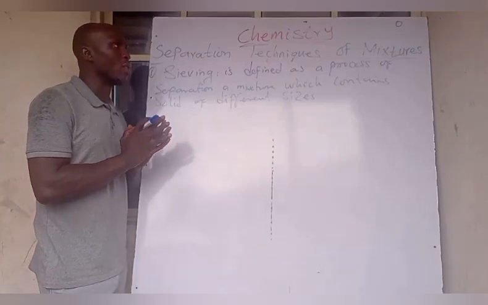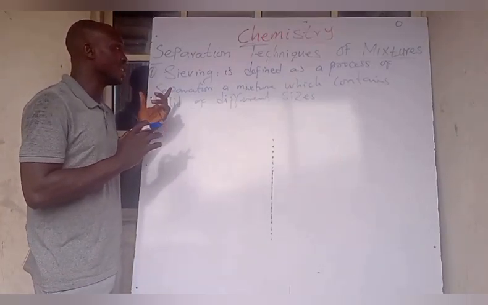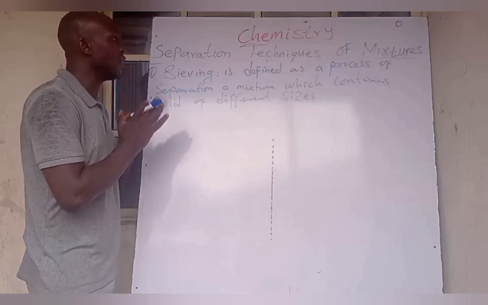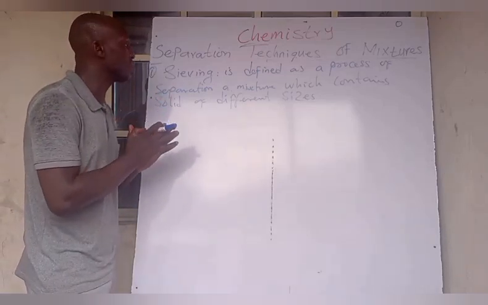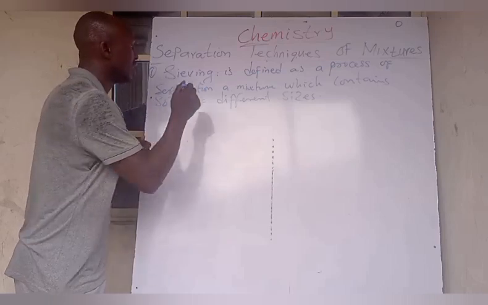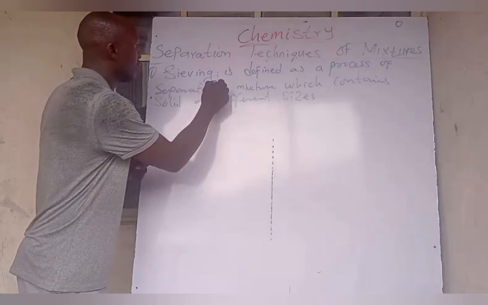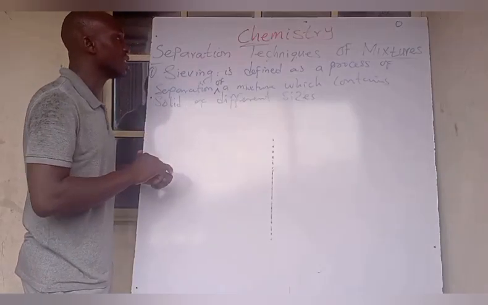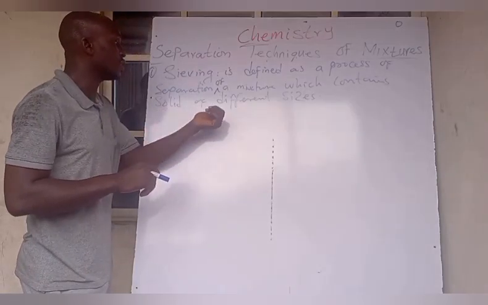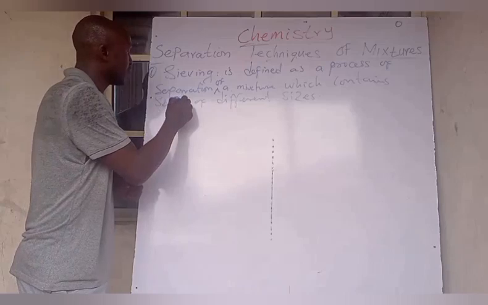Now, what is the key point of this method? Like we say here, sieving is defined as a process of separation of a mixture which contains solids of different sizes.